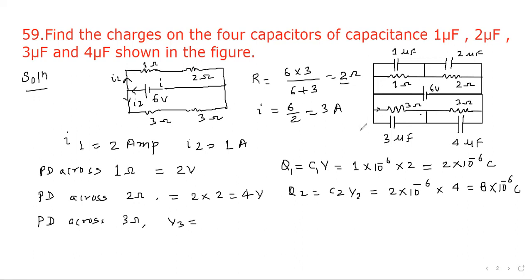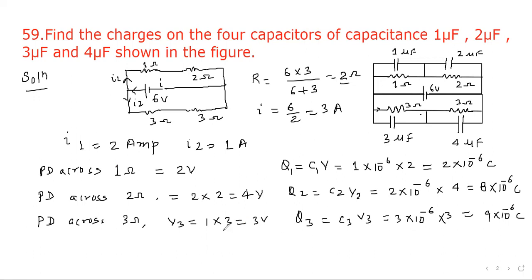Current flowing through this is 1 ampere. So it will be 1 into 3, that is 3 volt. So charge Q3 stored in this 3 microfarad capacitor will be C3 V3. C3 is 3 into 10 to the power minus 6 into voltage 3. So it will become 9 into 10 power minus 6 coulomb.